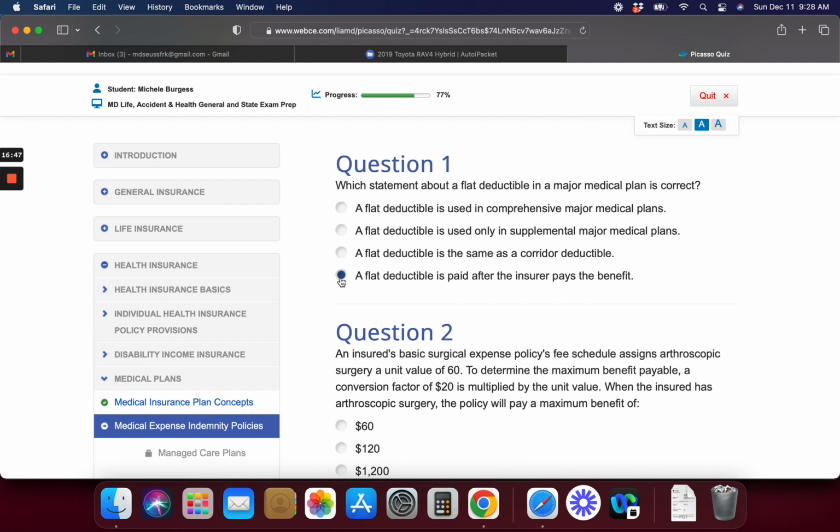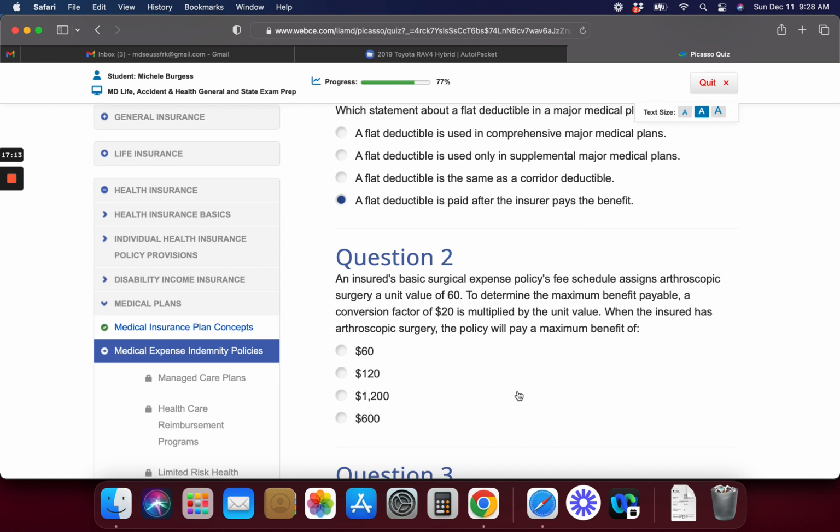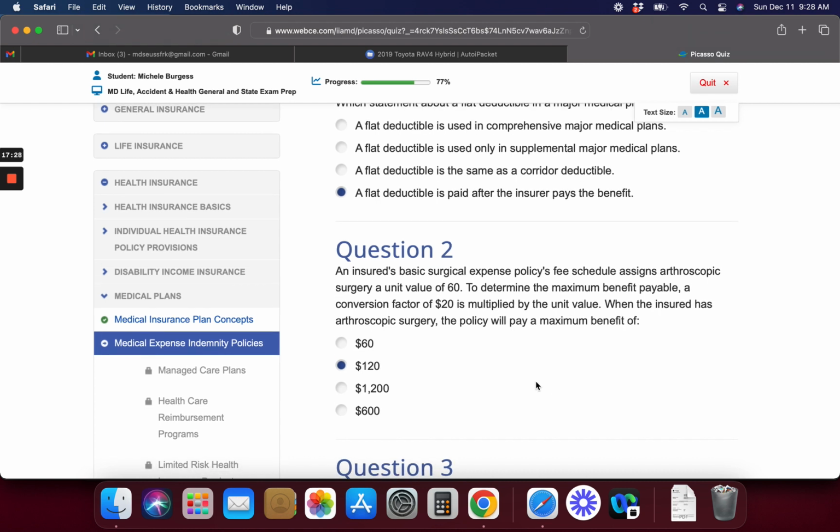When the insured has arthroscopic surgery, the policy will pay a maximum benefit of... All right, so let's look at this. To determine the maximum benefit amount, a conversion factor of $20 is used. So I'm thinking it's 120, 60 times 20, right? Maximum conversion rate. All right, we'll go with that. I don't know if it's right or not.